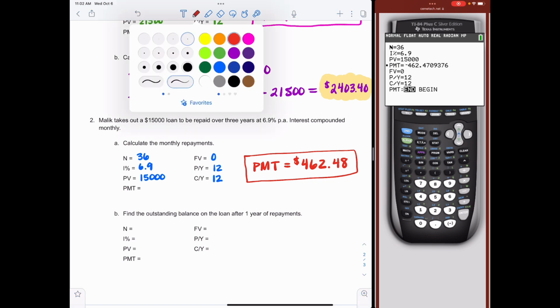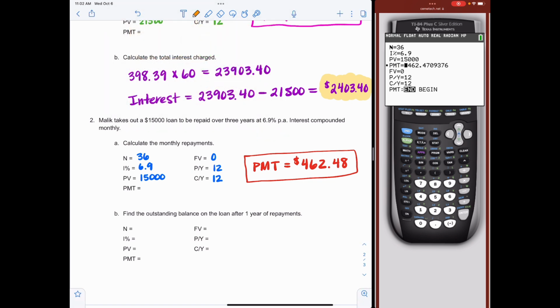So if we want to find the outstanding balance on the loan, we're saying after 1 year. What that is saying is if we made 1 year of payments, that means the number of payments will have been 12. The interest rate is 6.9 still.